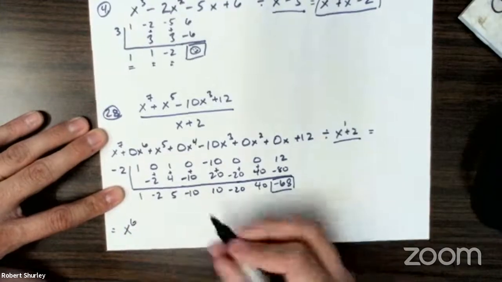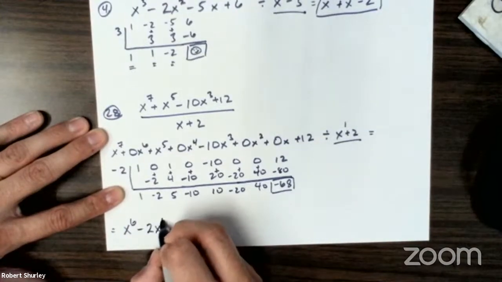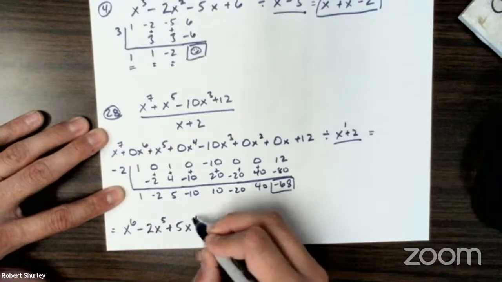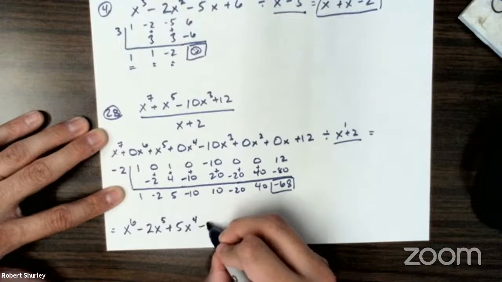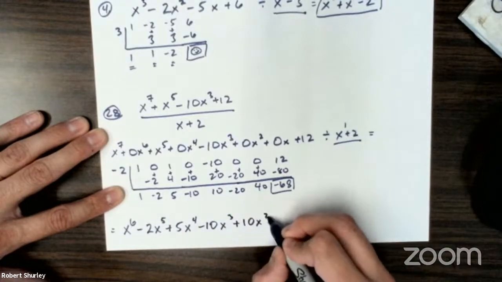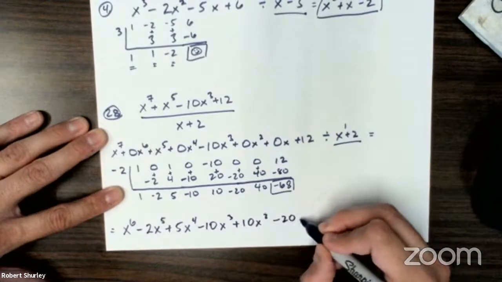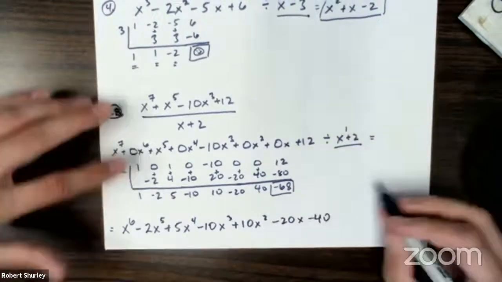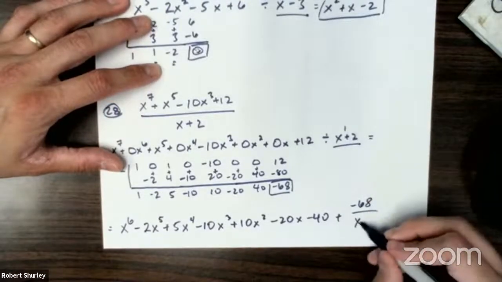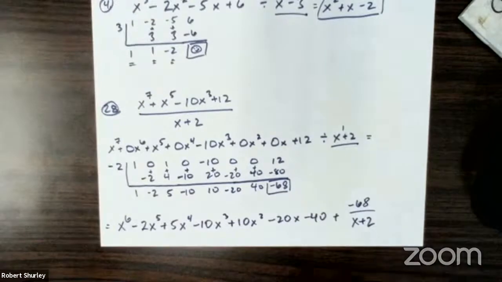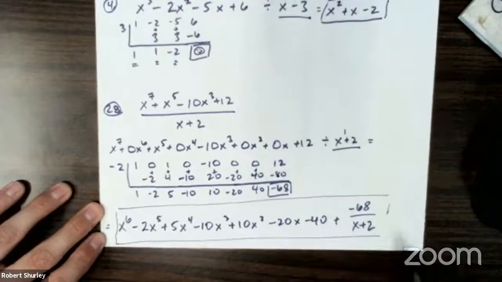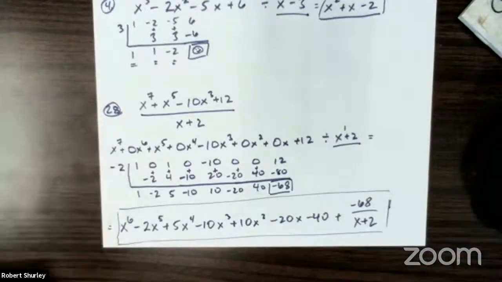So 1x to the 6th minus 2x to the 5th plus 5x to the 4th, right? 6, 5, 4, minus 10x cubed plus 10x squared minus 20x plus 40 plus negative 68 over x plus 2. Holy cow. That is our quotient.